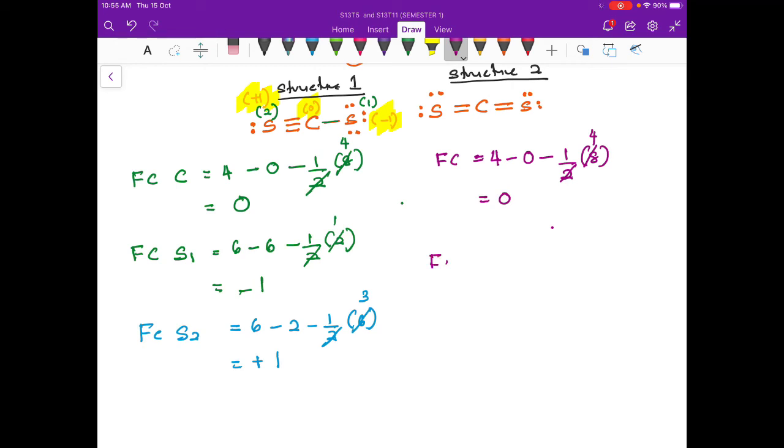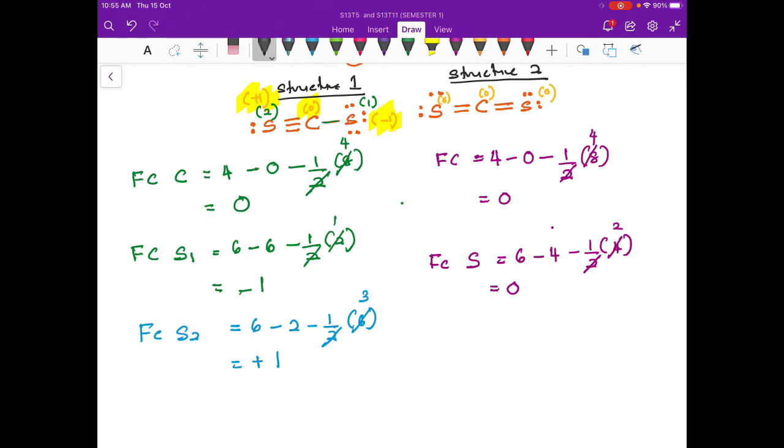And then the formal charge for sulfur: 6 minus, how many lone pairs around sulfur? 4, minus half of 4 electrons, and it becomes 0. Since we have identical sulfur, we calculate just one. Zero, zero. So which one is more plausible?